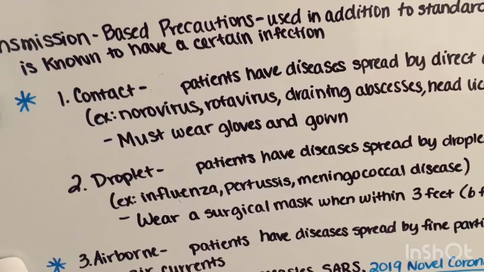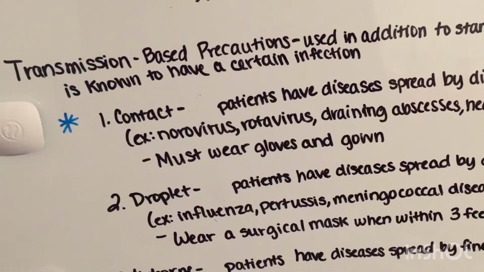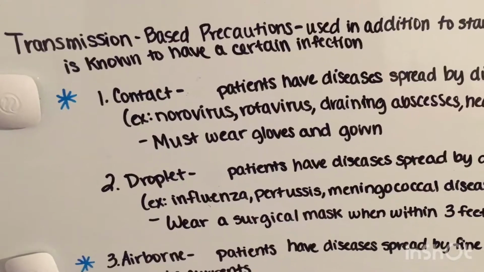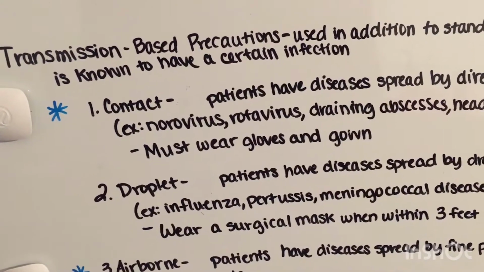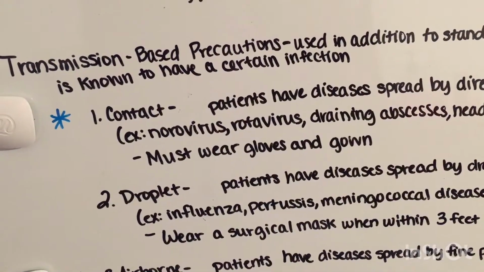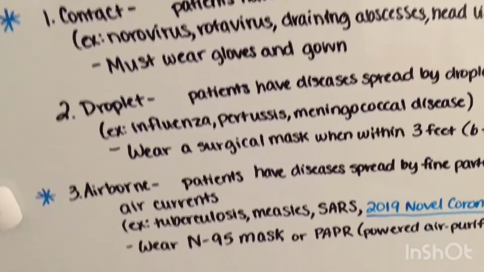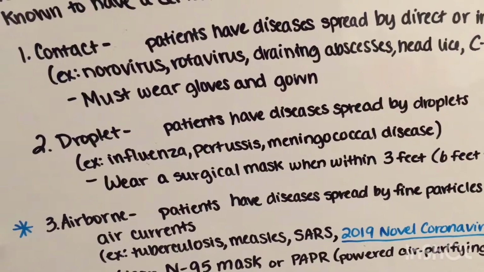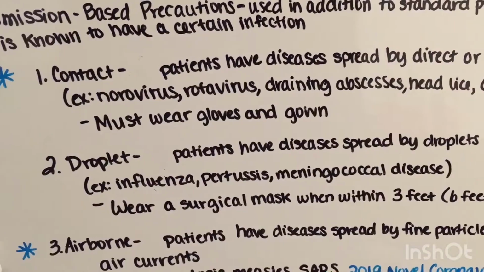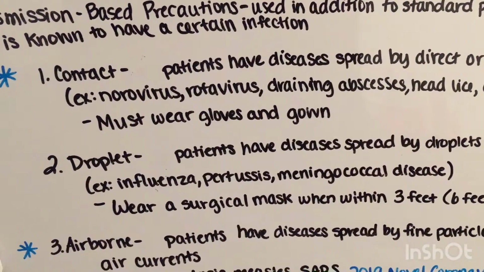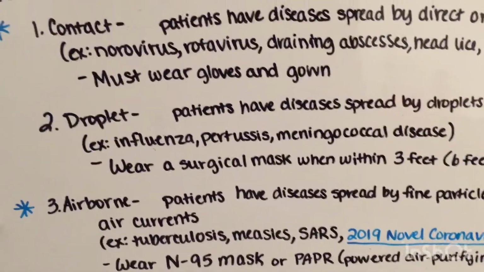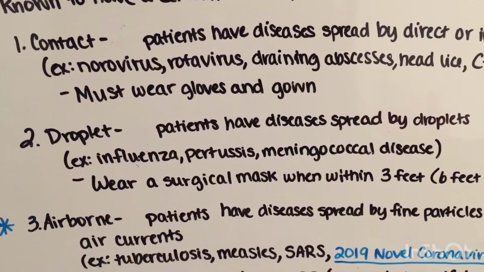So I'd like to stress that it's bad to have any of these transmission-based precautions, but because of being a student in a hospital for x-ray, I always consider airborne precautions as being the worst, according to how easy it is to spread. There can be a lot of diseases that are contact precautions that are way worse than diseases that are airborne. However, contact is less likely to spread.